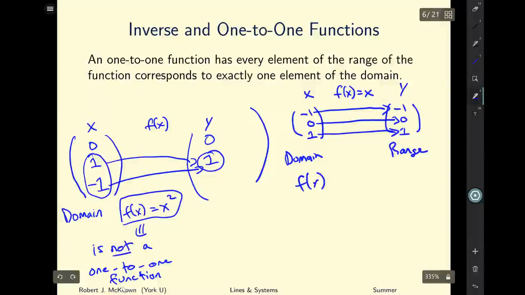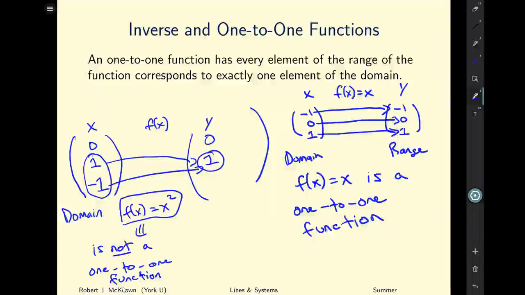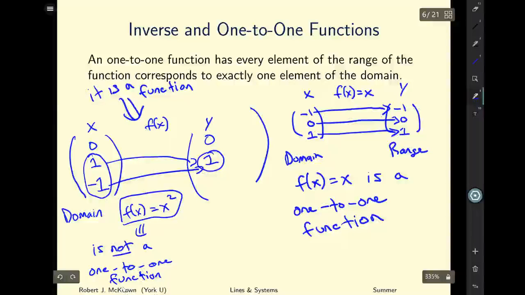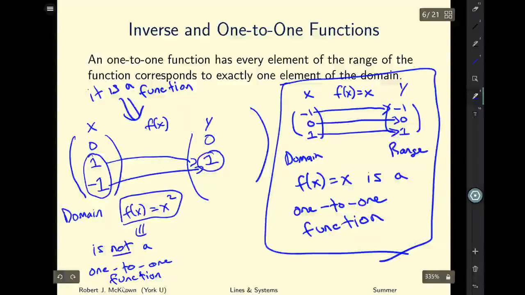So f of x equal to x is a one-to-one function. So this is a function over here, but it's not a one-to-one function. It's a function, but not a one-to-one function over here. This is a function, and it is a one-to-one function.